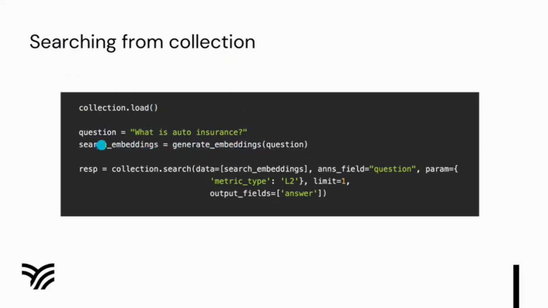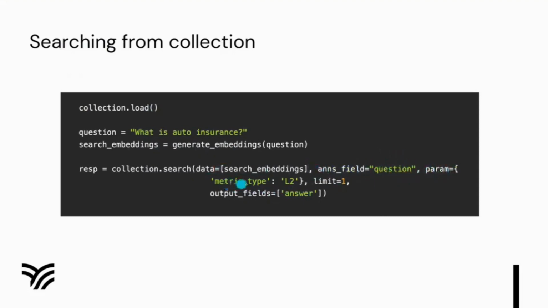This line will give us the vector representation of this textual data, and then we will use the search function that accepts the data, the vector data that we want to search, the anns_field, that is the approximate nearest neighbor search field, the field where our embeddings are stored, and the parameters.